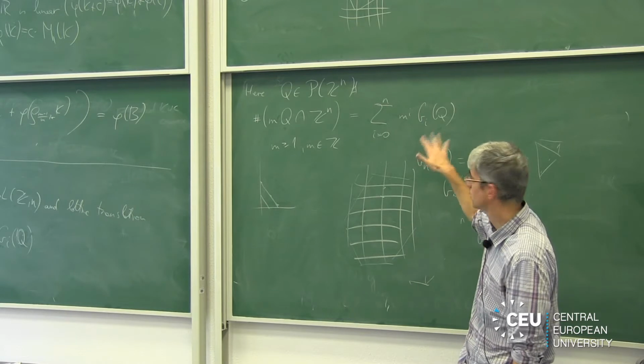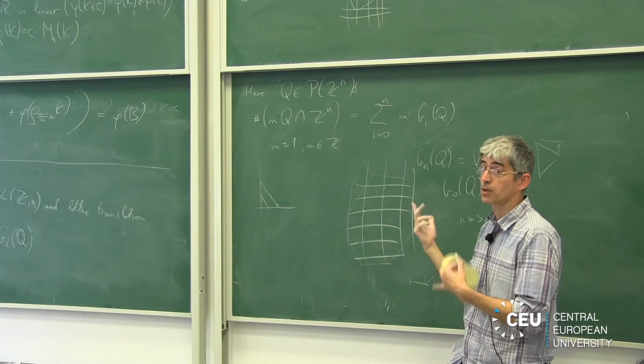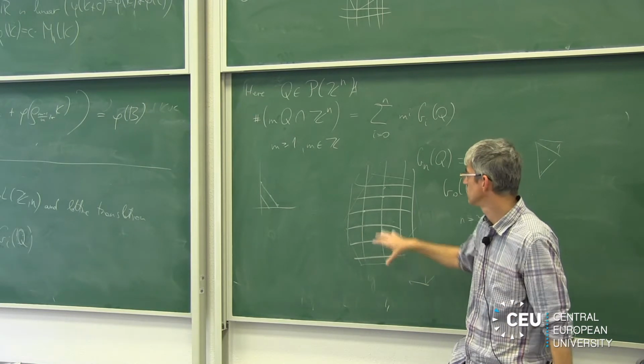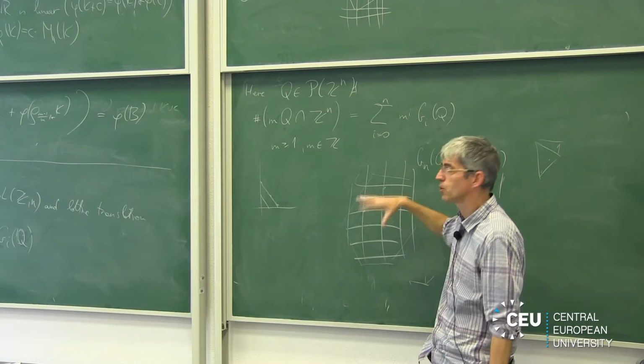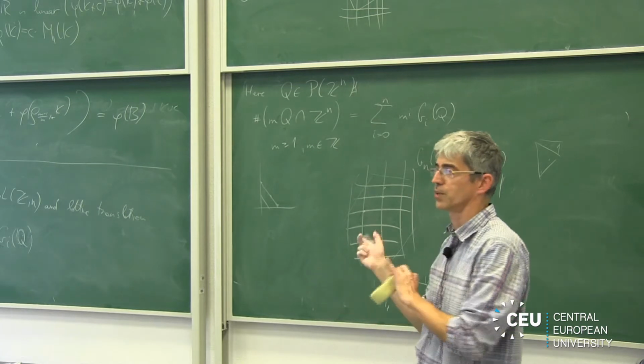What we have here is the Hilbert polynomial. This is a very important connection between valuations on lattice polytopes and toric varieties. So it works very nicely both ways.